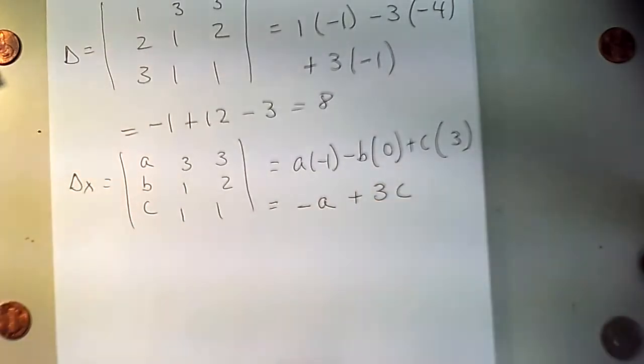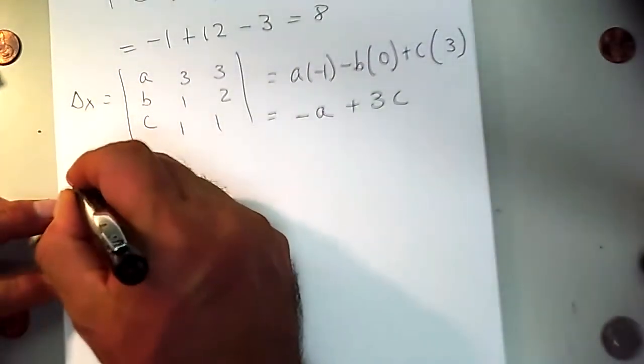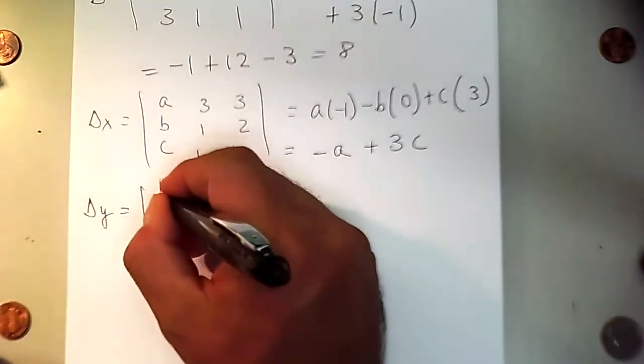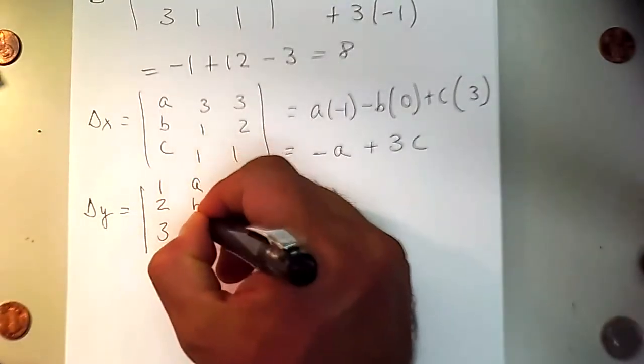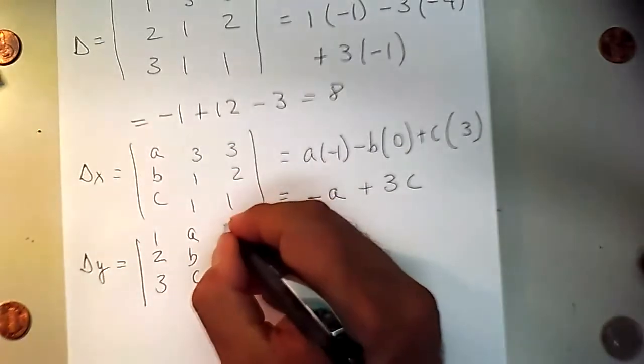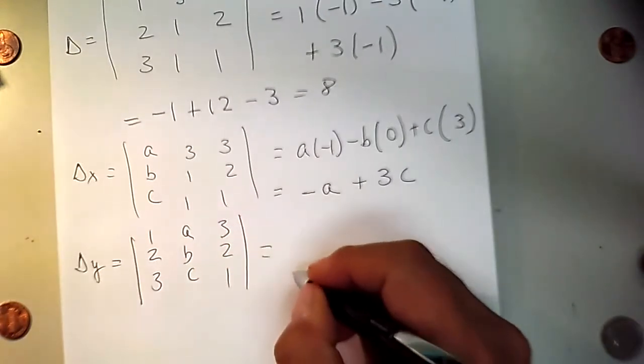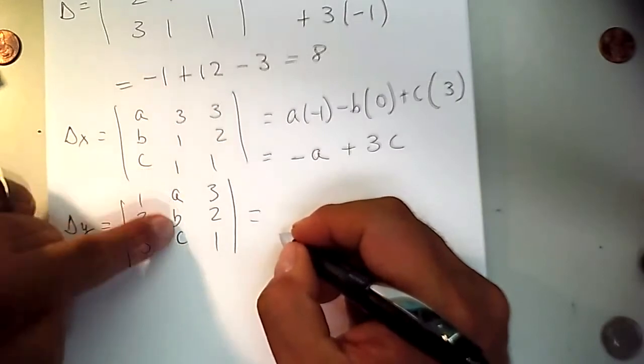Okay, let's save that. Delta y will be 1, 2, 3, A, B, C, 3, 1, 1. I'm going to expand it with this column.